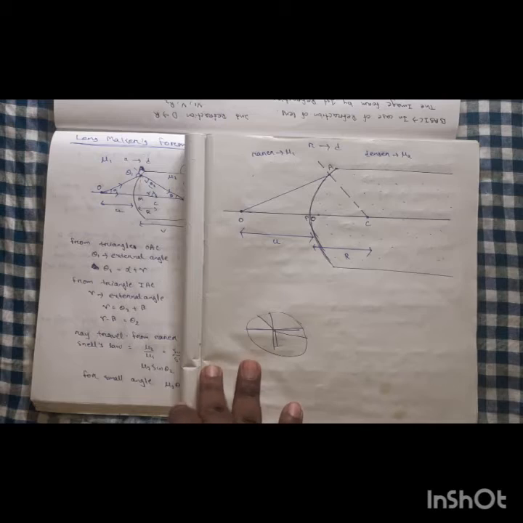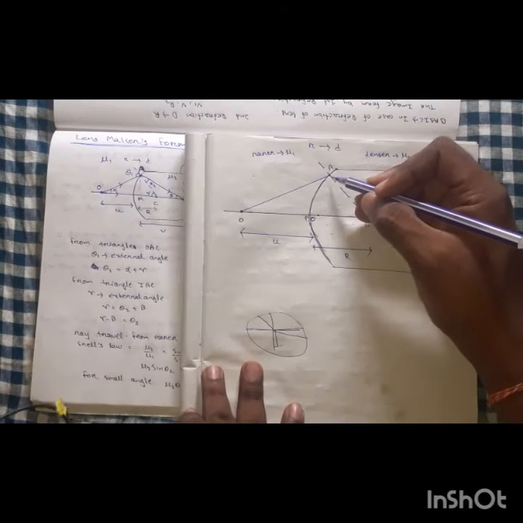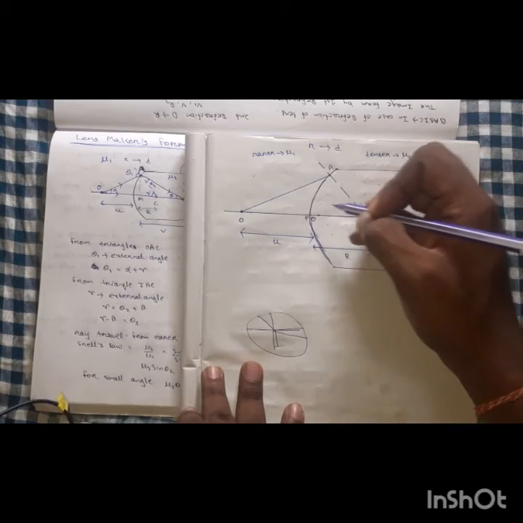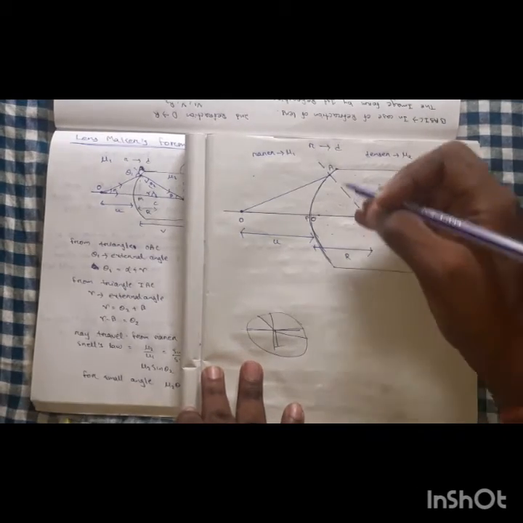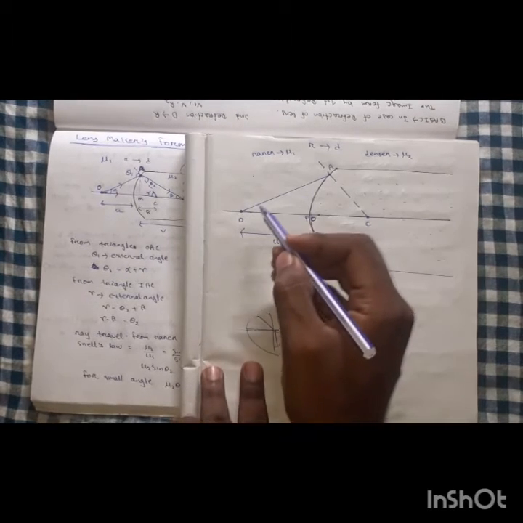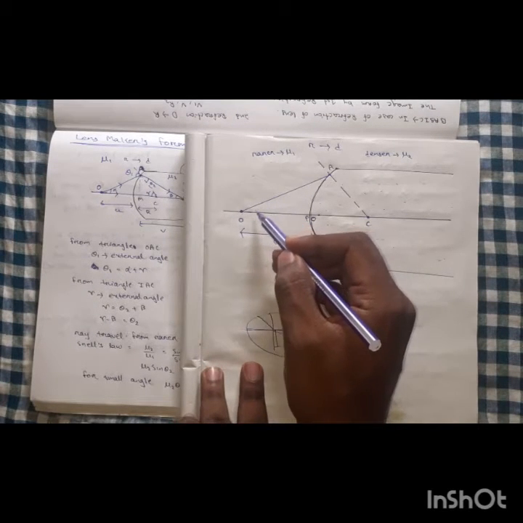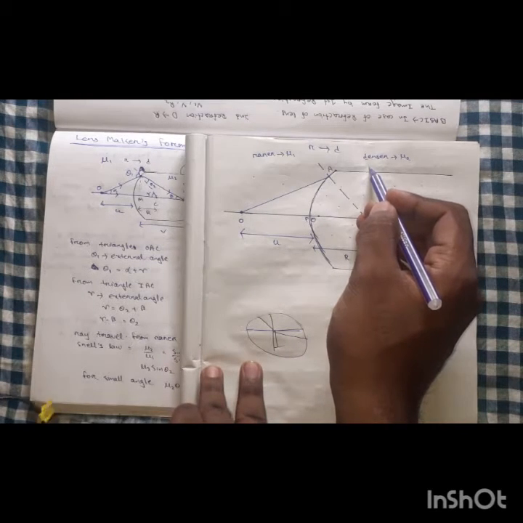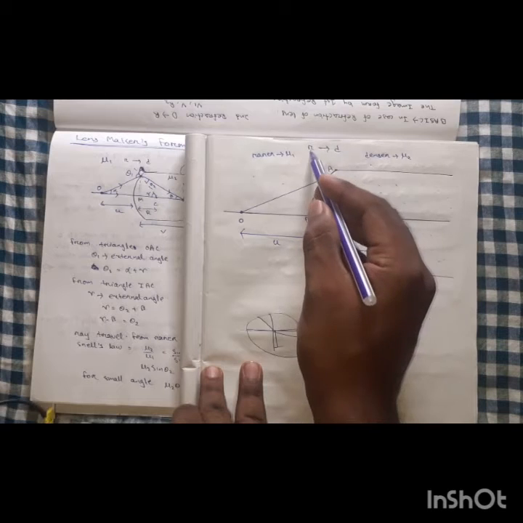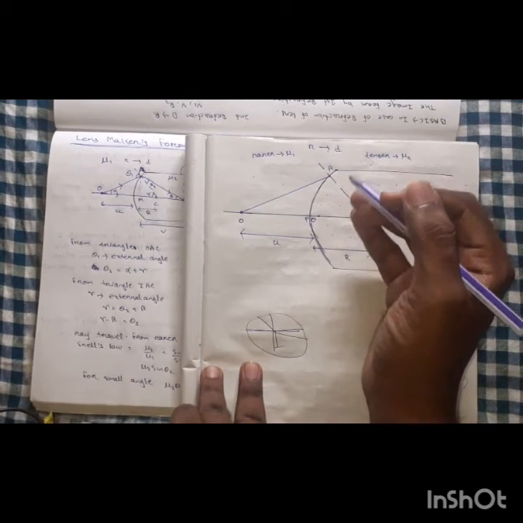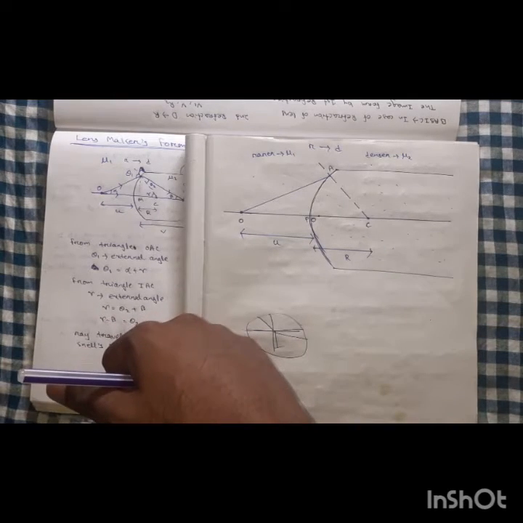Then draw the normal from the center of curvature. C is the center of curvature for this surface. Draw the normal. Listen. Light travels from rarer to denser. What will happen? When light travels from rarer to denser, the light moves toward the normal. We studied it before.